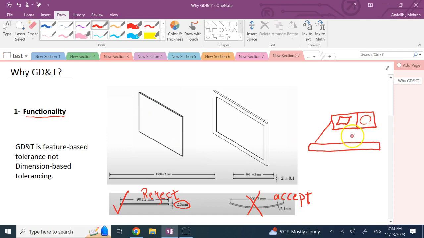Or we can use some straightness if it's a 2D feature. In this case, it's the 3D, so I use a flatness, right? But here I can do that one, and here I can go with some basic dimension and say, hey, this basic dimension, I want this to be what? 2, and then I allow for so much of tolerance here. I don't know, maybe like 0.1 or 0.2 or something. Okay, and that way I can control how thick it is, and I can control how curved it could be, or how basically how much ups and downs it can have, right? So you see, that's one thing.